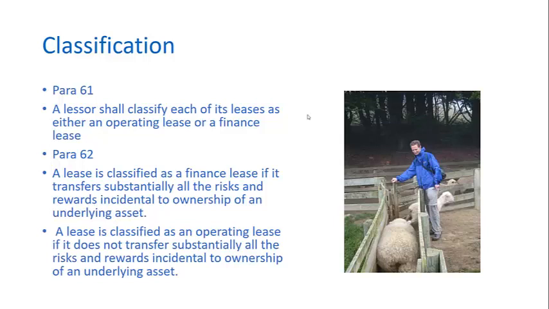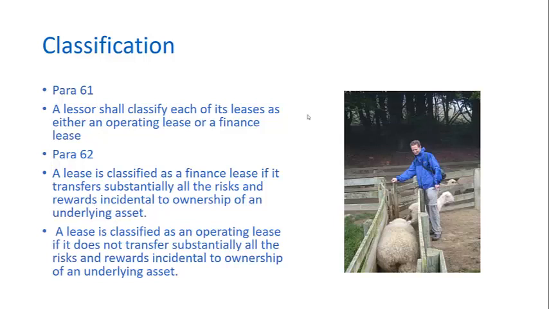So in terms of those transactions I talked about less than a minute ago, I would say that a long-term lease of an aircraft is probably going to be classified as a finance lease, and a one-week rental of a car is probably going to be classified as an operating lease.